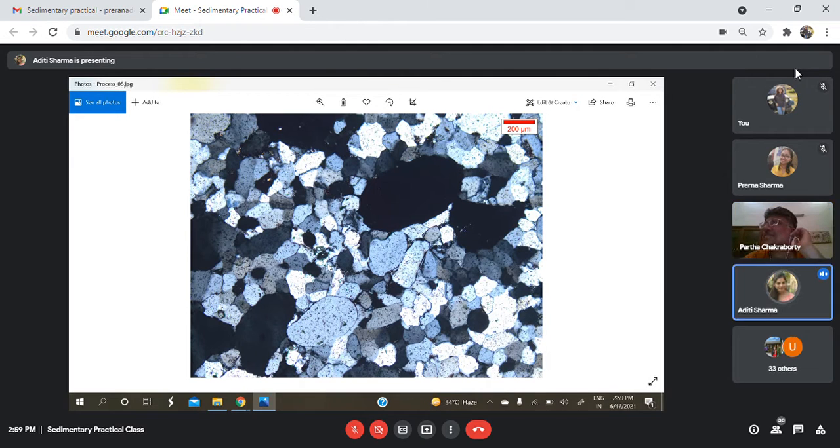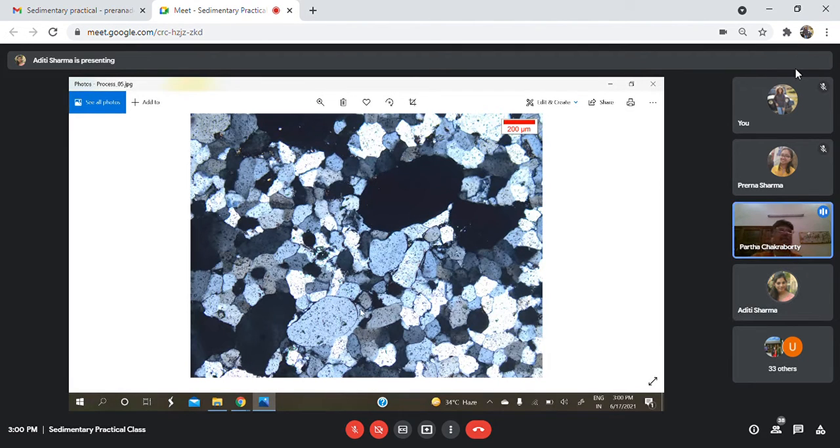The angularity of the smaller grains and larger grains is different, and the silica cement contact is also different in both grain sizes. You get silica cement here in some places. Otherwise it is very compact, the grains are in contact, either long or sutured, with very little silica cement.